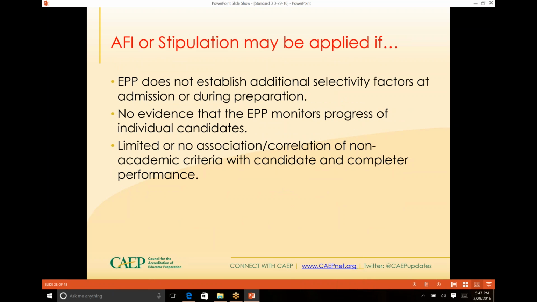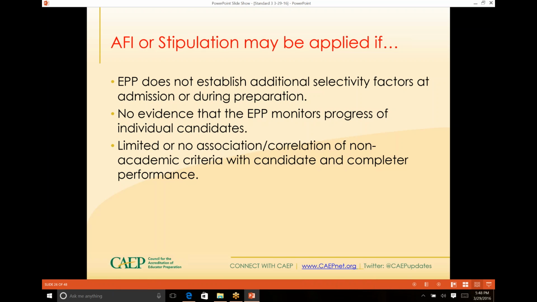So what are the criteria by which you're going to be found insufficient and could end up with an area for improvement or stipulation? It's that you don't have any additional selectivity factors at admission or during preparation. So you go with a pure GPA and a test score, you're okay, but might get an AFI or stipulation there.